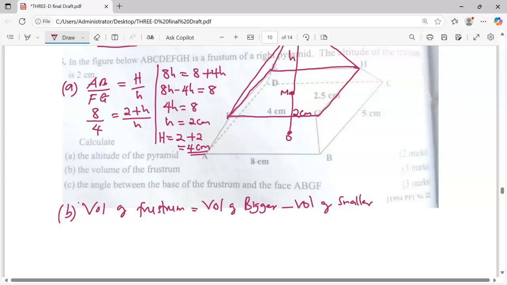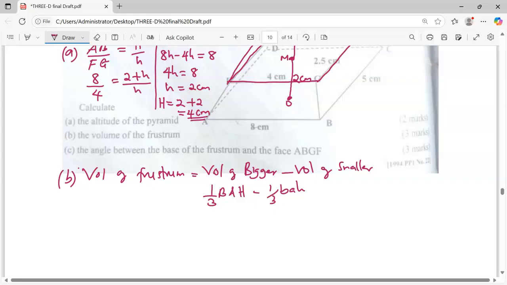In this case, to find the volume of the pyramid, we use a third base area times the height. That is for the bigger one, minus a third base area times the small height.